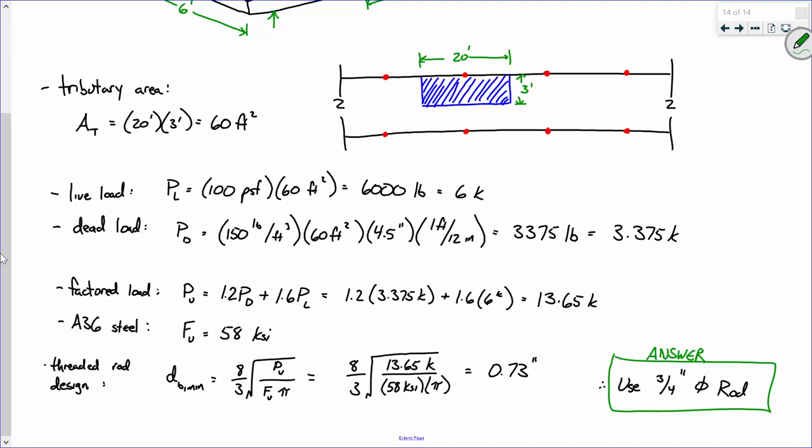There's a lot of assumptions going into that, and you have to go back and check it. The beauty of a threaded rod design is that that didn't really happen. So whatever you get, the math works out. If you want, you can say pi over 4 d squared, multiply it times this, multiply it times 0.75 twice, one for the reduction in tensile strength and one for phi. It'll work.